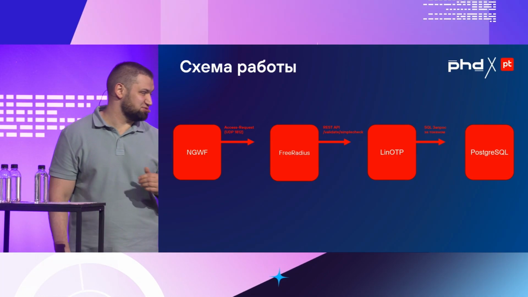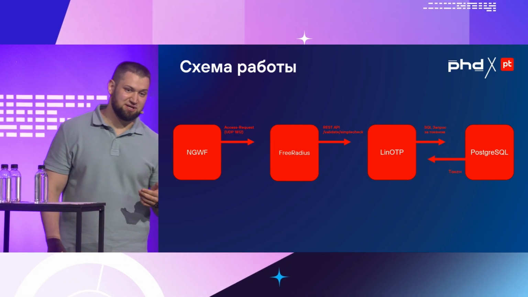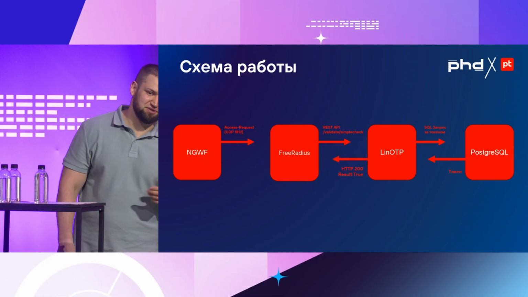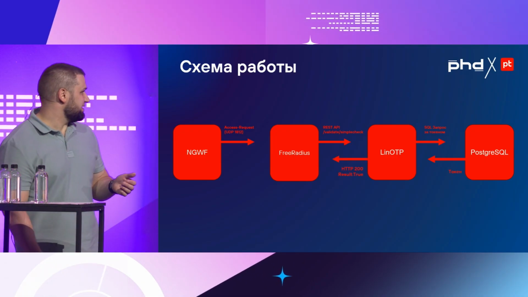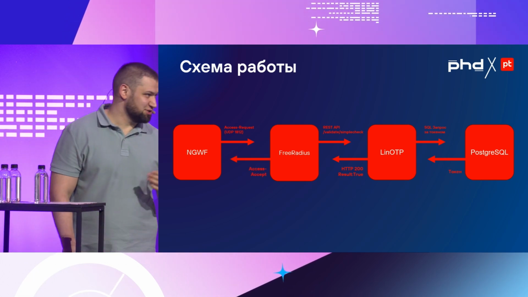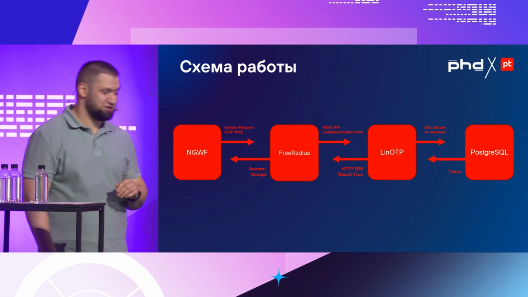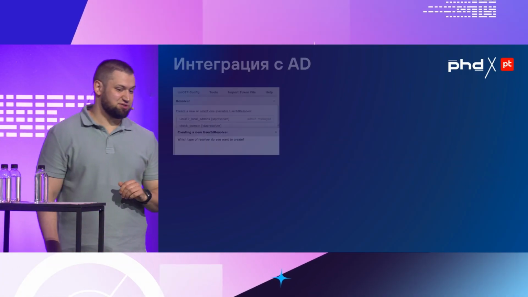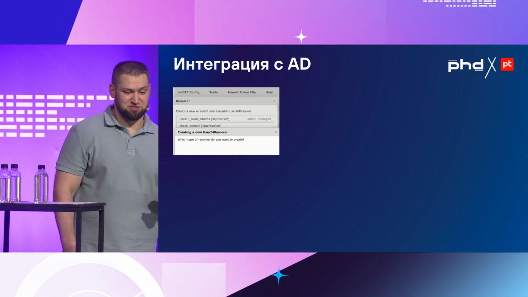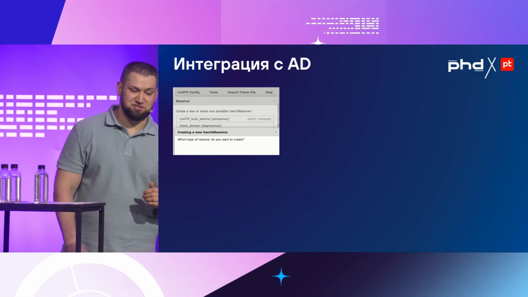LinOTP calls PostgreSQL in order to make sure that the token does exist. The OTP is checked, and a response is sent, saying that FreeRADIUS can send an accept message, which means that the second factor has been checked and it's okay.